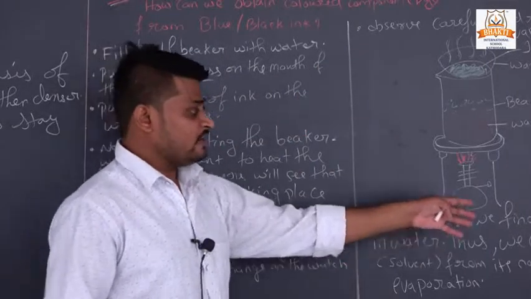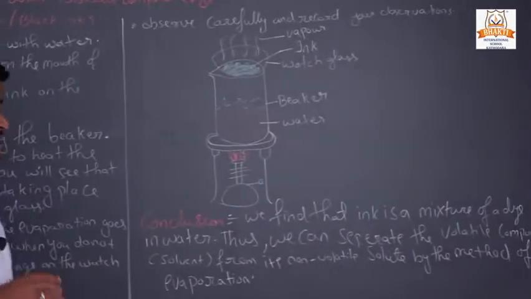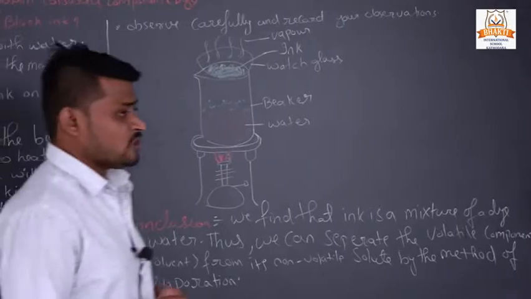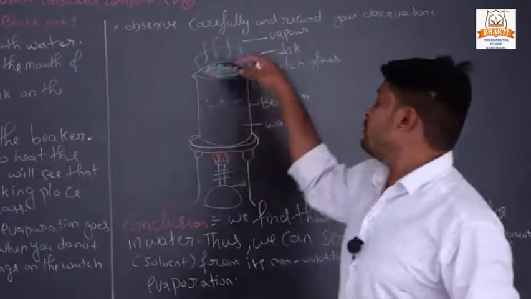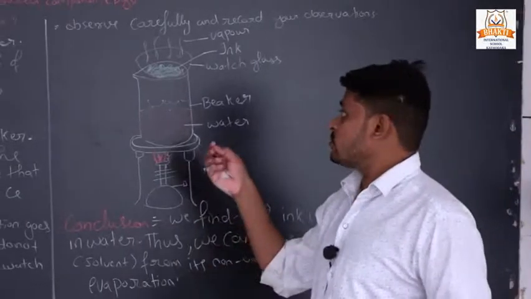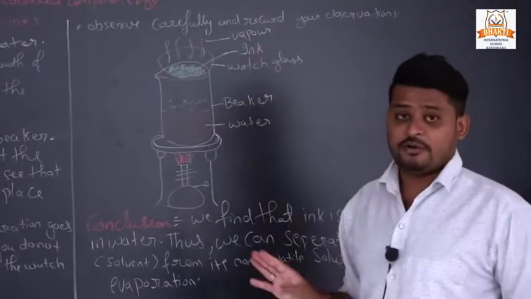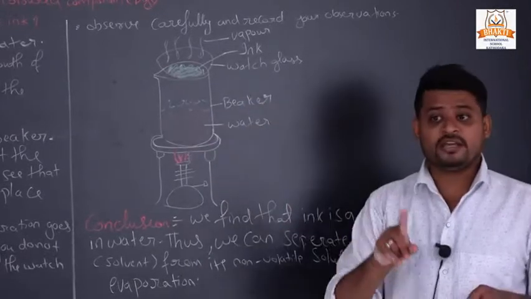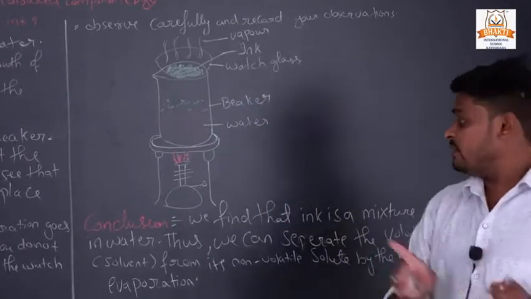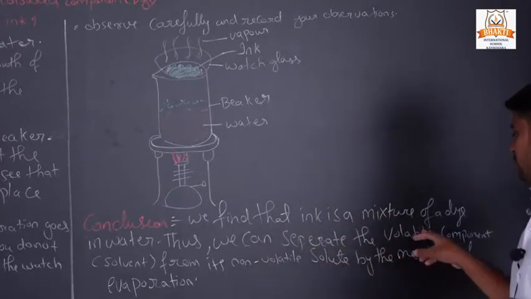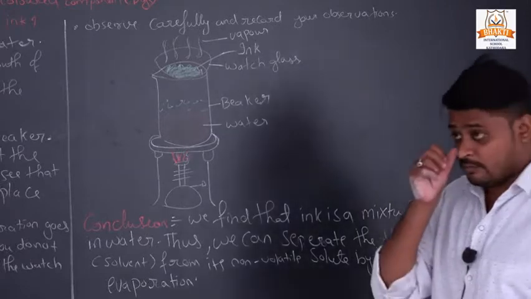We find that ink is a mixture of a dye in water. Why? Because when we heat the watch glass with a few drops of ink, the water evaporates and some residue remains. So ink is a mixture of water and dye. That is our conclusion. So we can separate the volatile component. What is a volatile component?